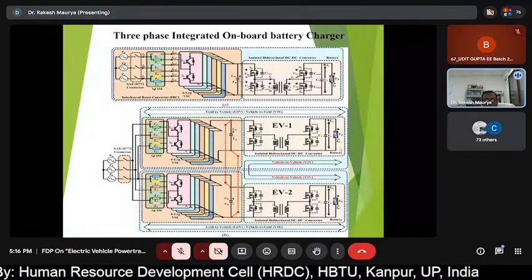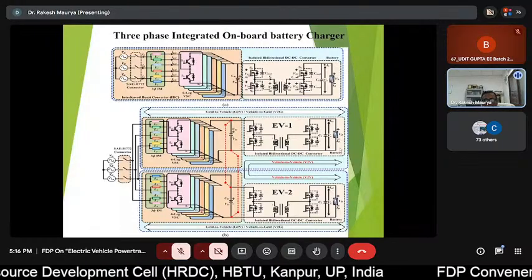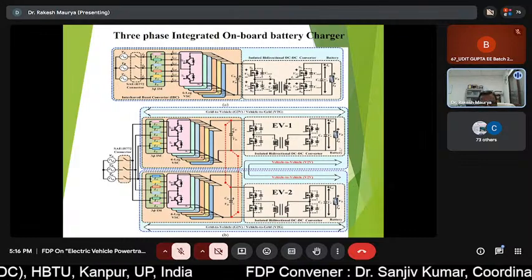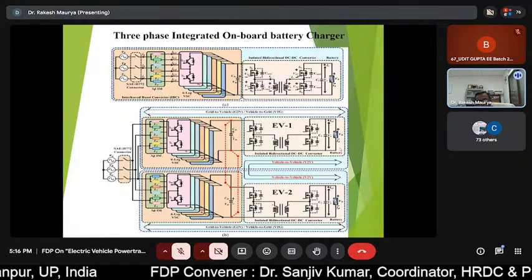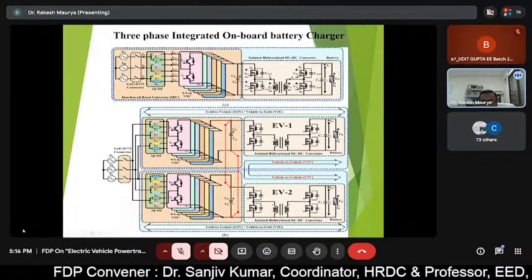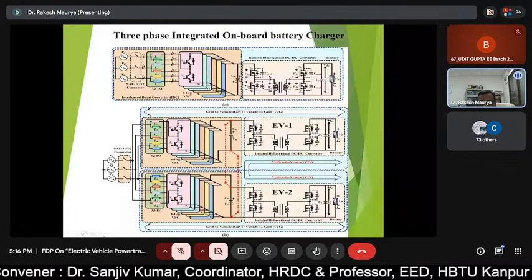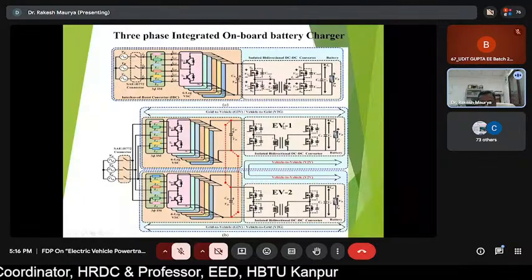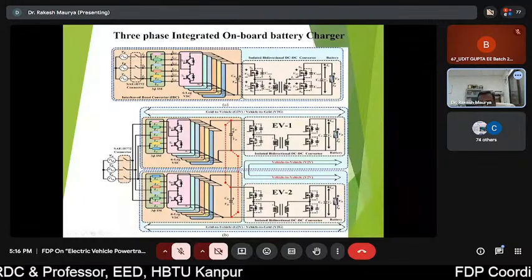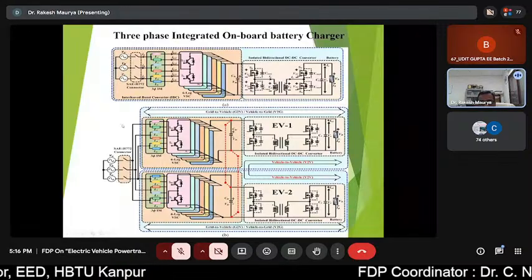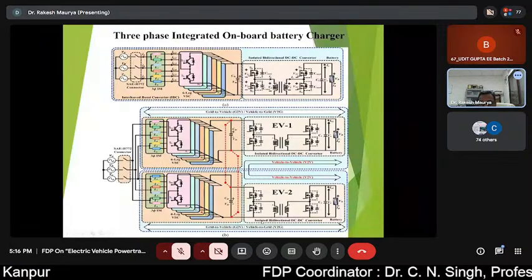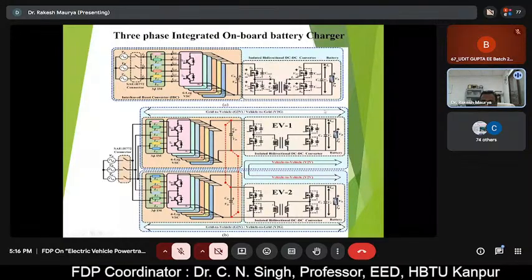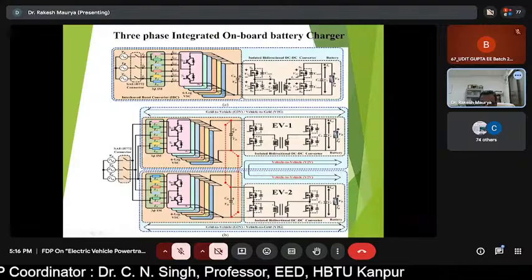This is one integration we have done in our laboratory. Some of the research scholars did it, and here they are facilitating it. In the lower side figure, we have EV1 and EV2. The two EV machines we have demonstrated, and we want to make power transfer from one EV to the other.